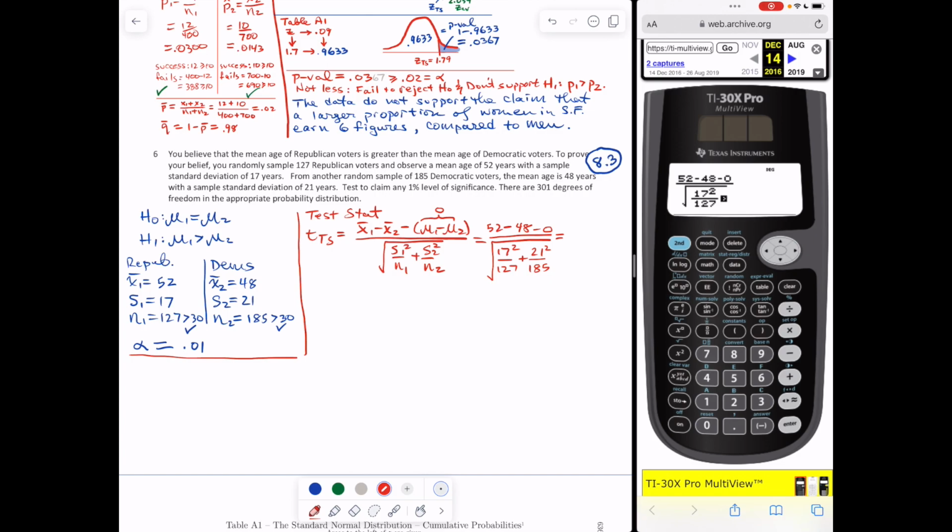Okay, to the right, plus fraction, 21 squared over 185. Put a decimal point so that I know it will come out in decimal. And so here I got 1.8853, I guess. So we're good to go there.